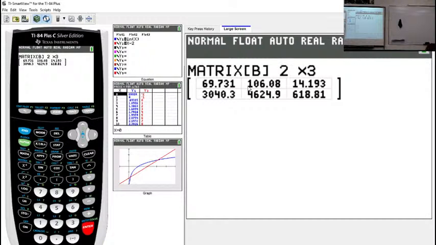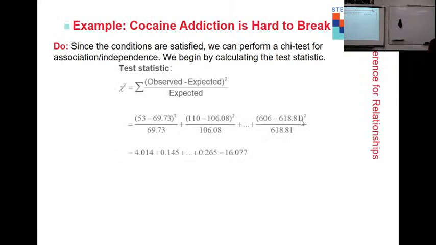So usually it's like n minus 1, or in goodness of fit, it's number of categories minus 1. Here, you should put 2 minus 1 times 3 minus 1 equals 2. First two terms, put a dot, dot, dot, and then the last term equals 16.077.